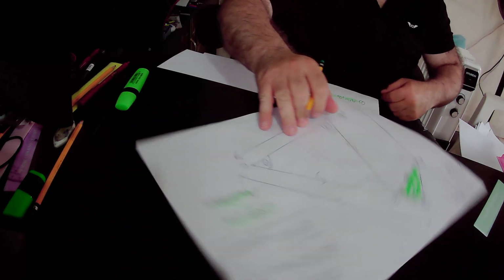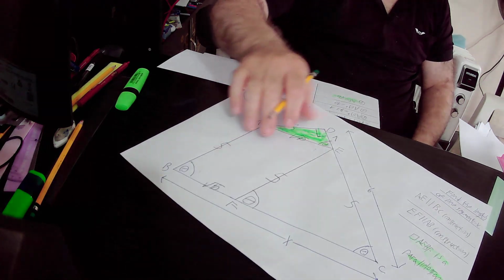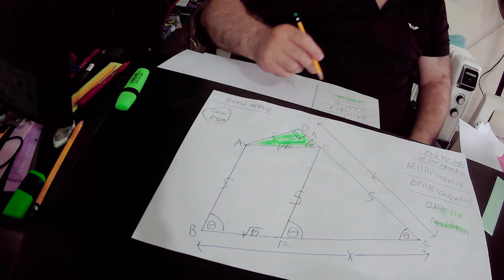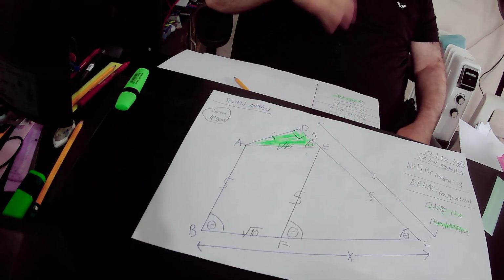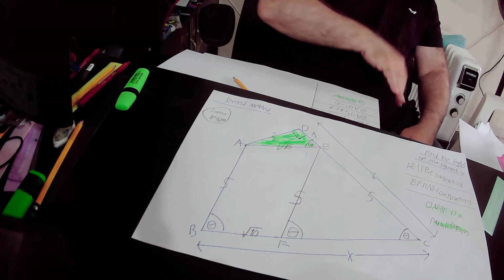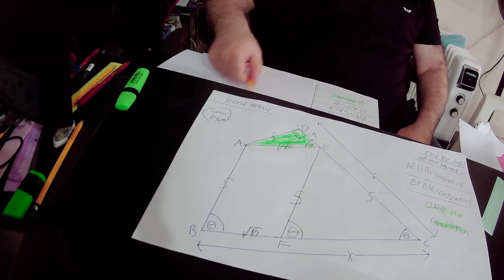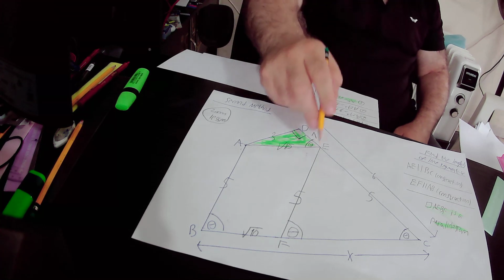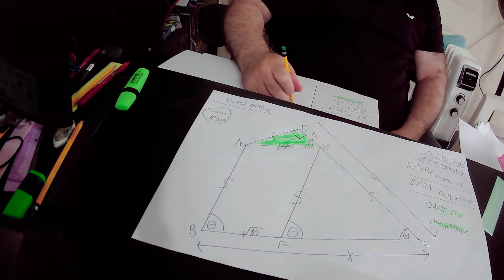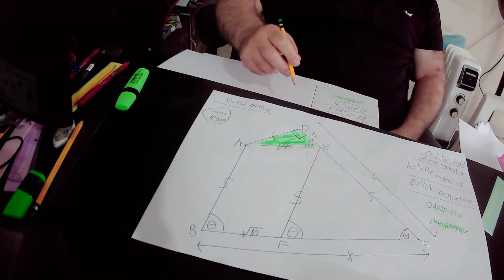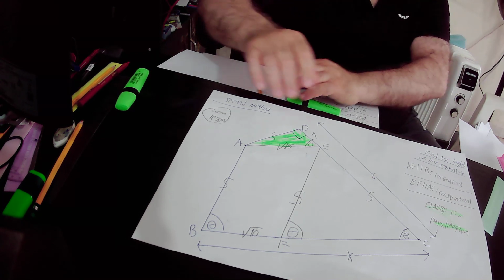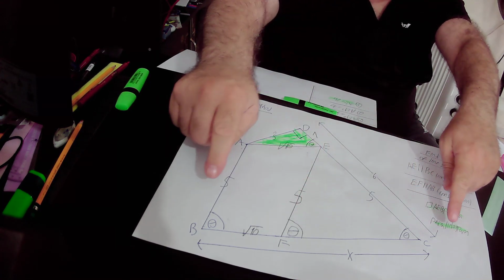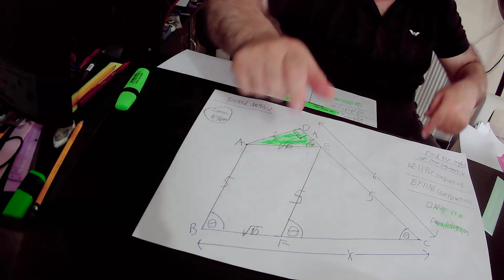So what is the length of side FC? From the drawing it is very easy to see that FC equals BC minus BF.